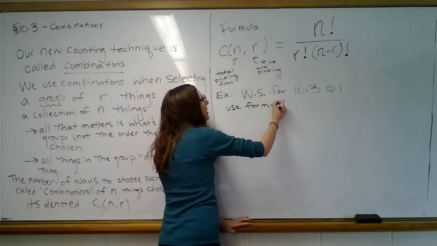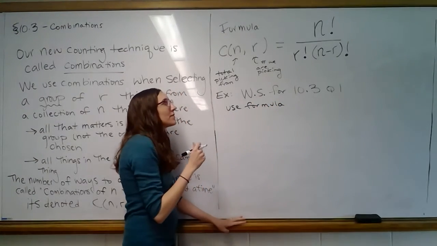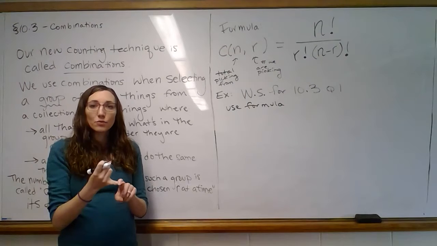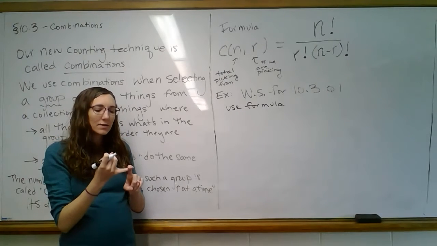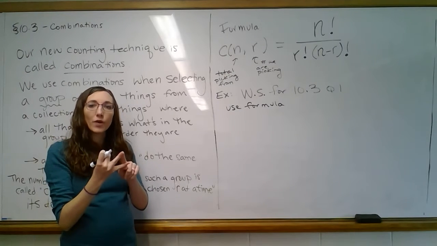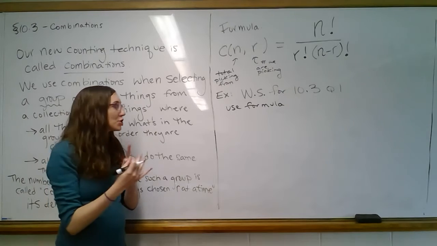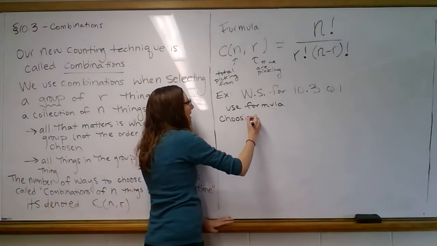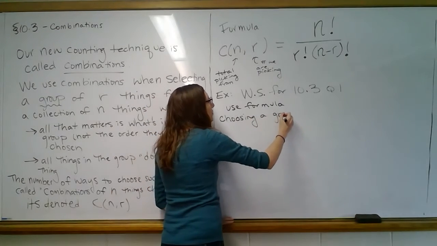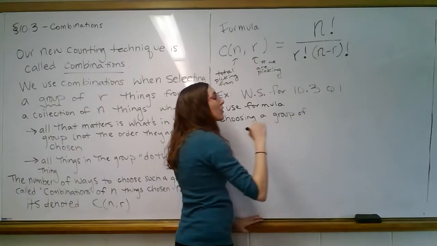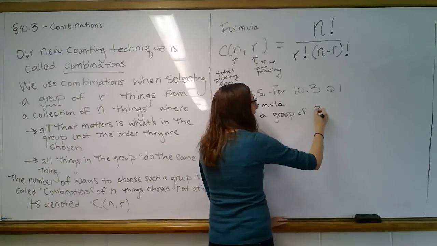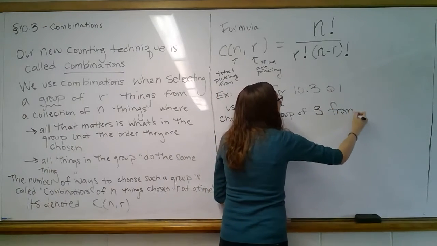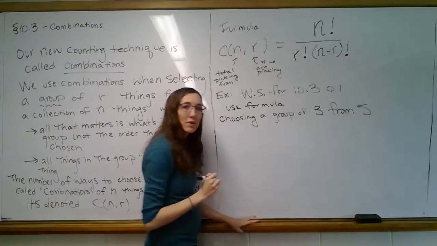So when we use the formula, we have to think about 2 things. We have to think about the fact that we're choosing a group. So in that context, what's the size that we're choosing from and what's the size that we're choosing? So here we're selecting a group of 3, that's the number we're picking, from 5.